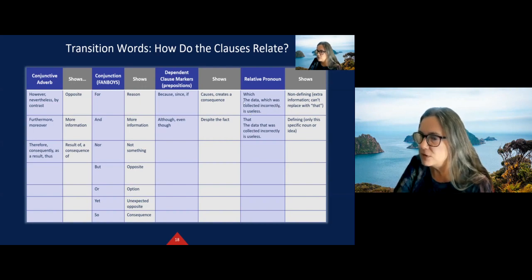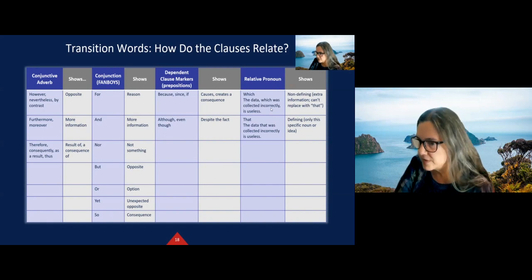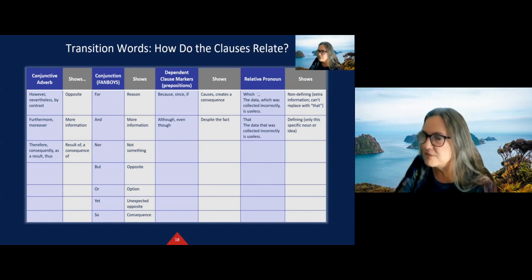So grammatically, if you just wrote the data is useless, you'd have a complete idea, a complete sentence. So that's what we mean by non-defining, which isn't defining the grammatical, structural setup of the whole idea. But it is introducing extra information, which was collected incorrectly.